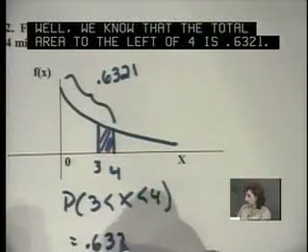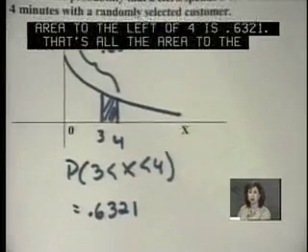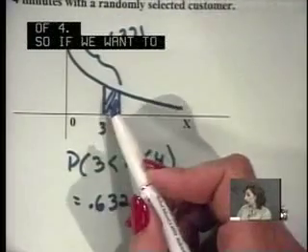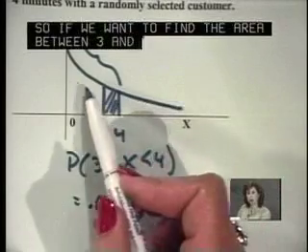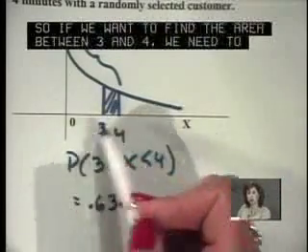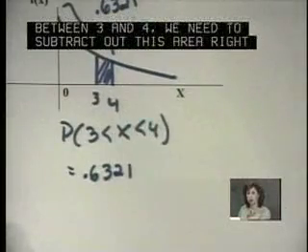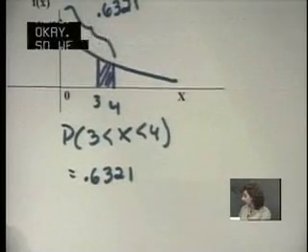That's all the area to the left of 4. So if we want to find the area between 3 and 4, we need to subtract out this area right in here.